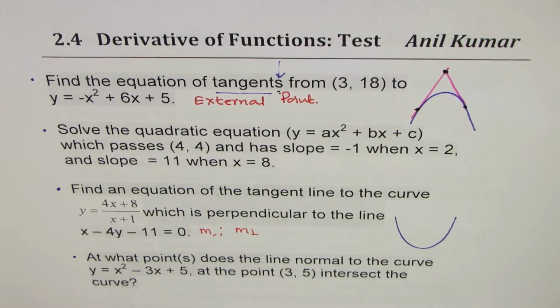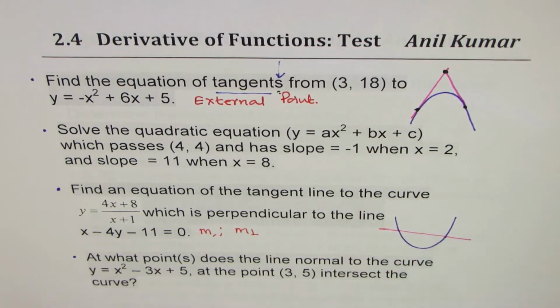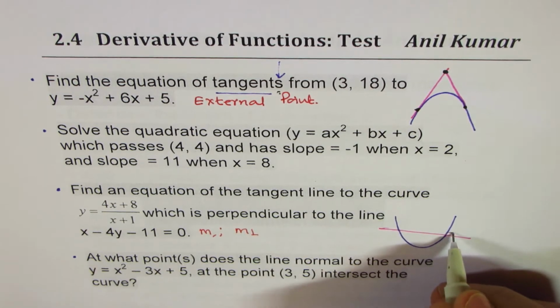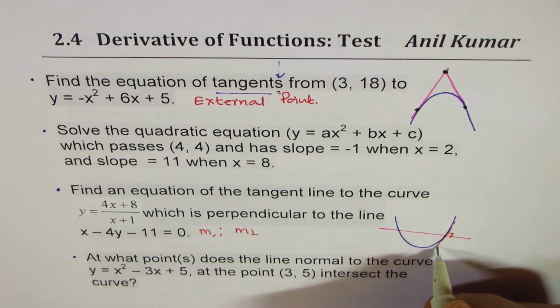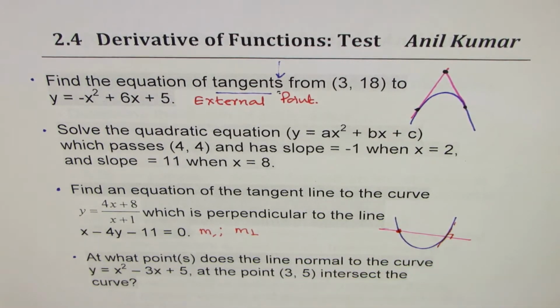So you'll find that the line which is normal to this point, kind of, will actually intersect at another point also, right? So it is normal. That means if I draw a tangent line, this is normal. So you have to figure out what is the other point. So find the equation of the normal and solve that with the given parabola to get the second point.